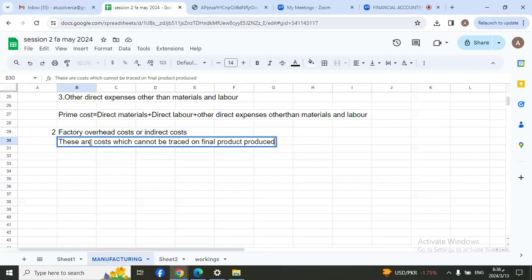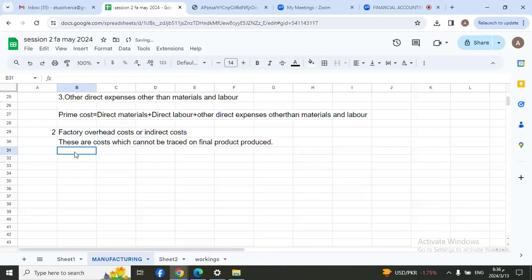For example, depreciation on a machine. When you're having a Rwenzori bottle and they ask you how much depreciation went on a machine, you cannot easily tell. But if they ask you how many bottles, how many labels, how many covers were used on a bottle, that one you can specify. So these are indirect costs.